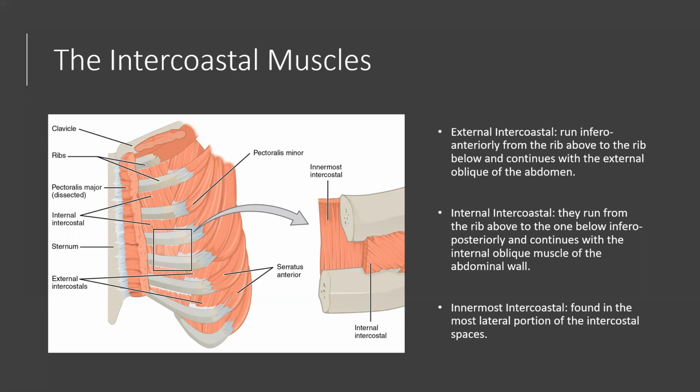The internal intercostals are also part of the muscles of the thoracic wall located in the intercostal spaces between the ribs. It comprises the middle layer of the intercostal muscle group. Being located in the intercostal spaces, they share a common function with other muscles that occupy this space, namely the internal and the innermost intercostal muscles.